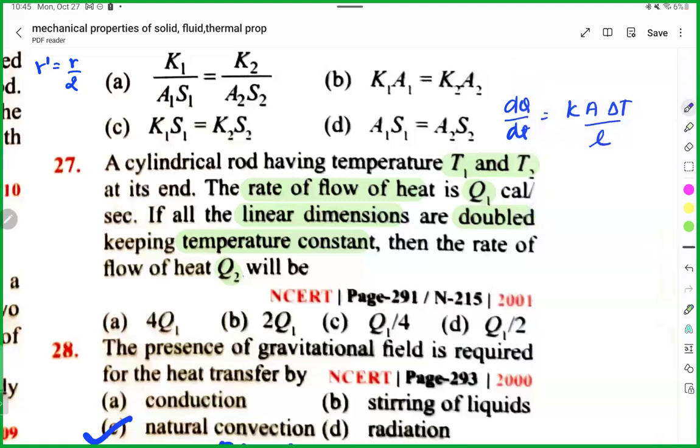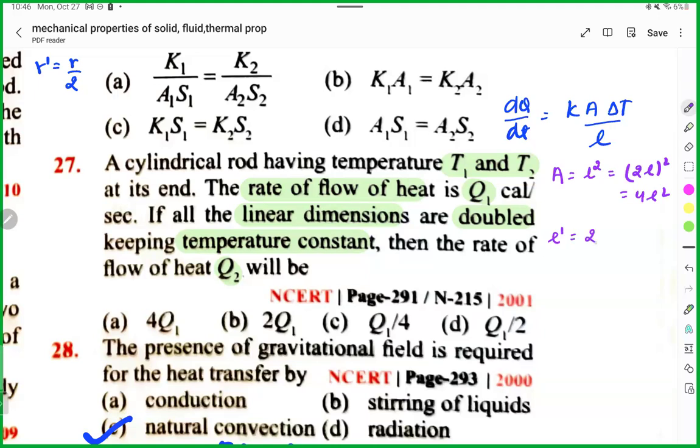In this case, linear dimension is changing, so let's take a cube or a rectangle. So L square, the new one will be 2L square, so area becomes 4 times.